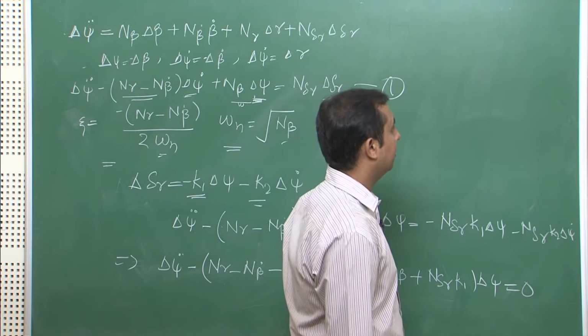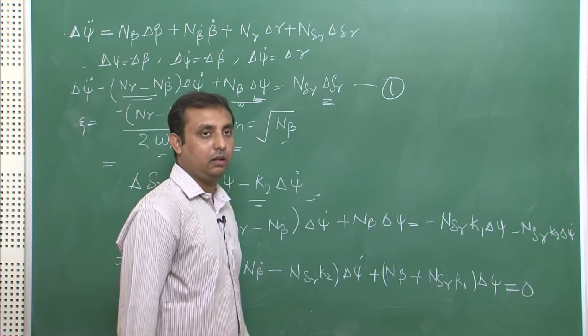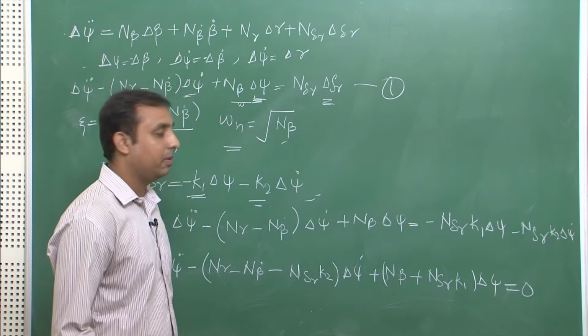So let's take an example of changing the value of zeta and omega n as per the requirement of the pilot.